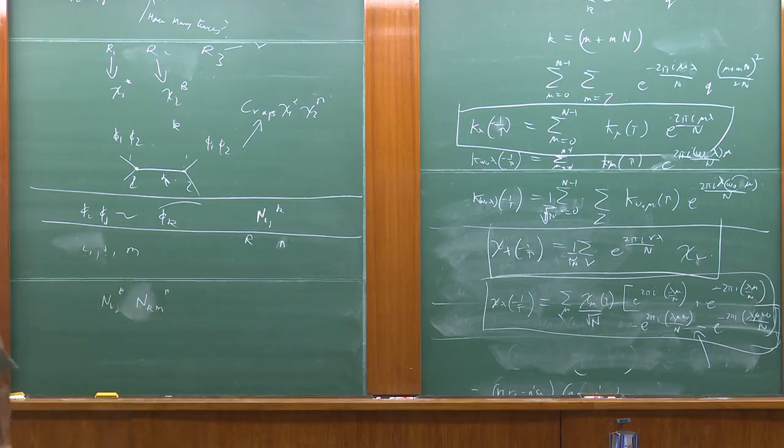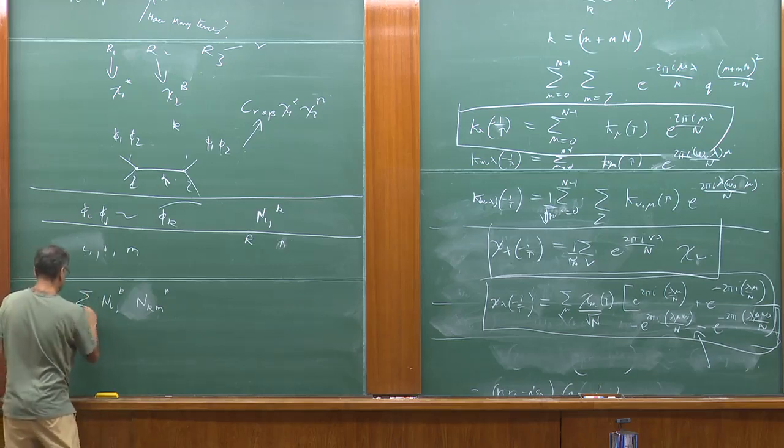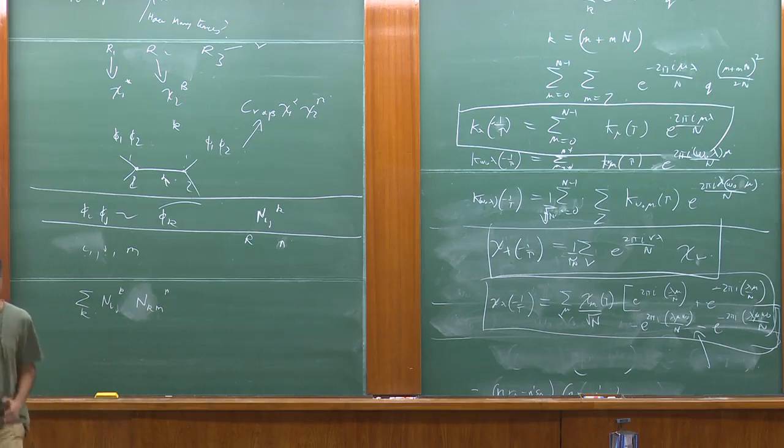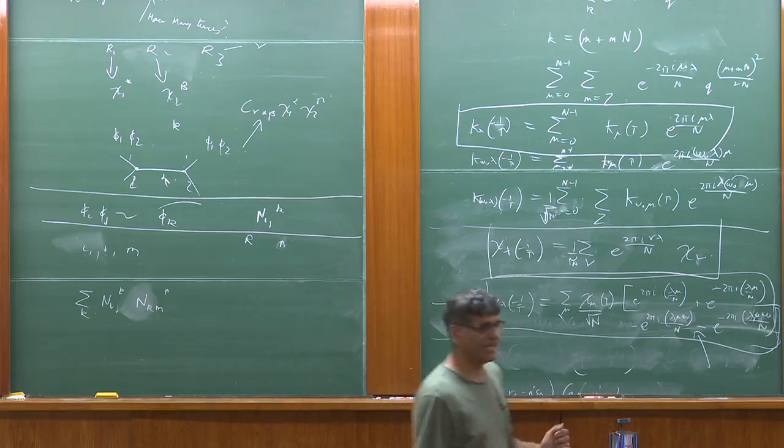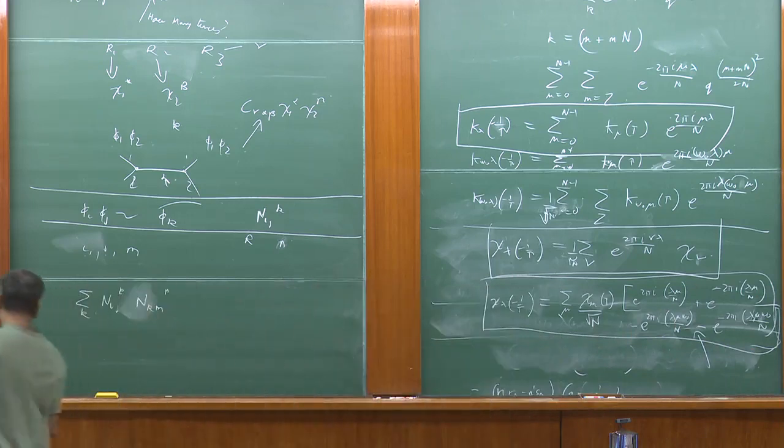And that's your answer: sum over K. But then you could ask, well, hold on. Who told you I should fuse I with J and then with M?